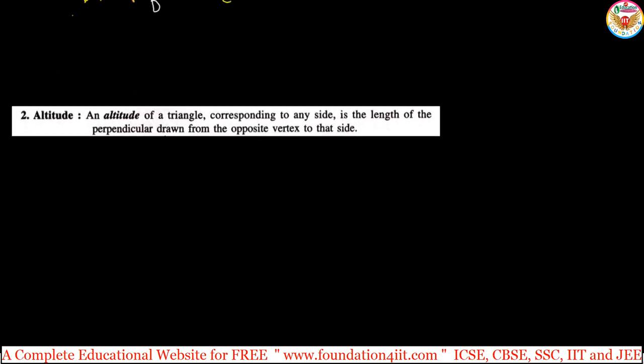Joining the vertex to the midpoint of the opposite side is the median. Next one, we have the altitude.